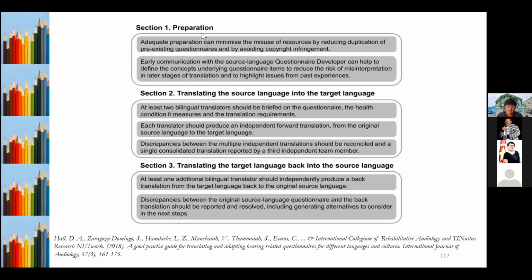Okay, of course, we have a preparation. Dito sa preparation stage, kailangan tingnan mo kung saan mo kukunin or ano yung a-adapt mong instrument na ita-translate natin. Number 2, you need to translate the source language into target language. Magbigay tayo ng example.